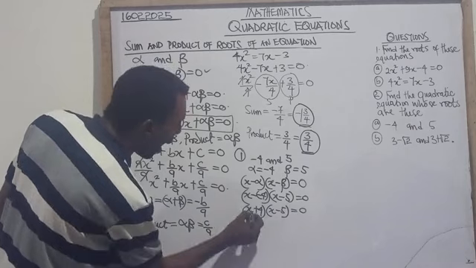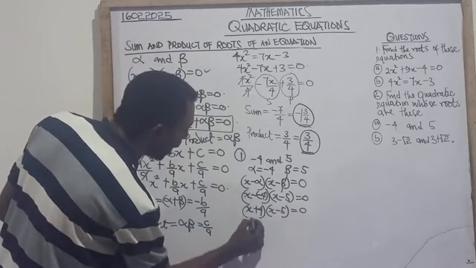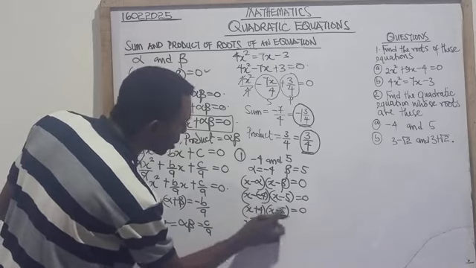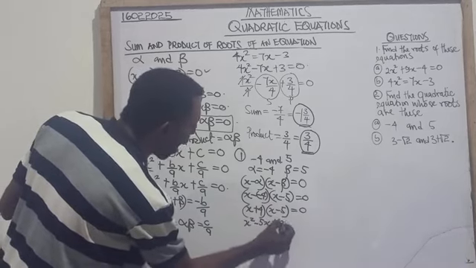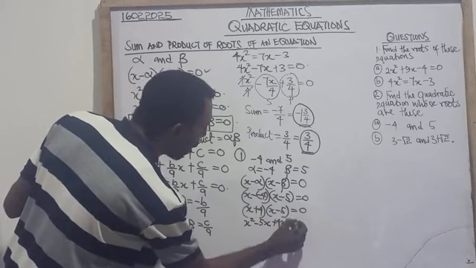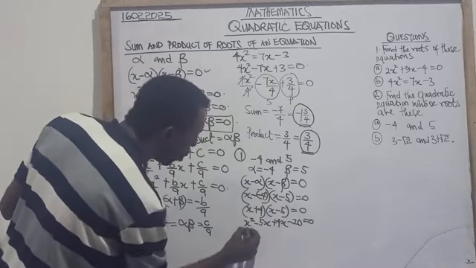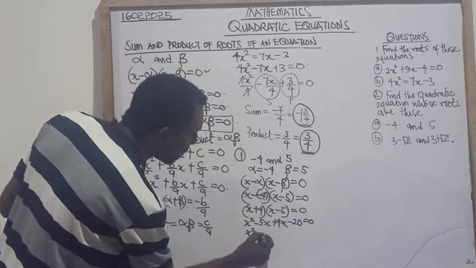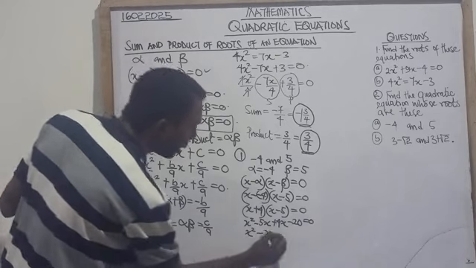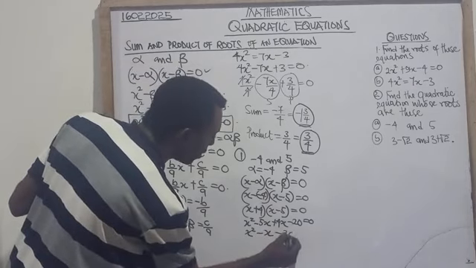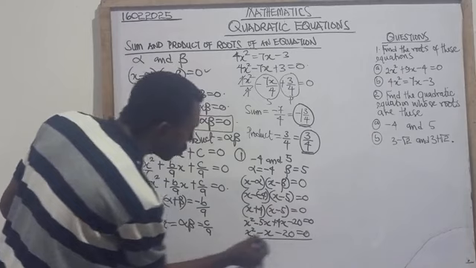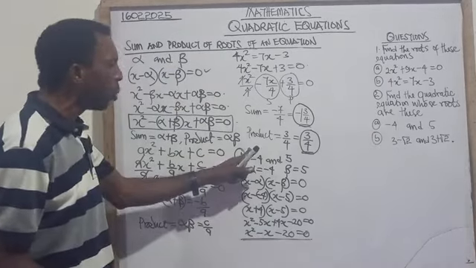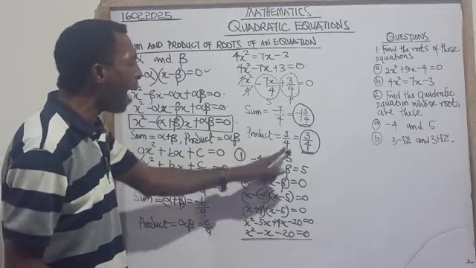So we have x times x will give us x squared. x times minus 5 will give us minus 5x. This one times will give us plus 4x. This times will give us minus 20 equals 0. That will be x squared, this one and this one will give us minus x, then minus 20 equals 0. So this is the equation that produces these roots, which are minus 4 and 5.